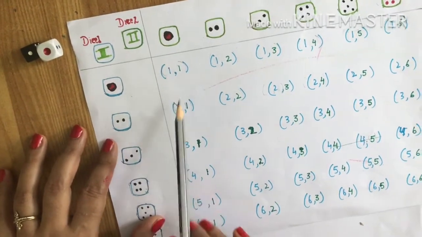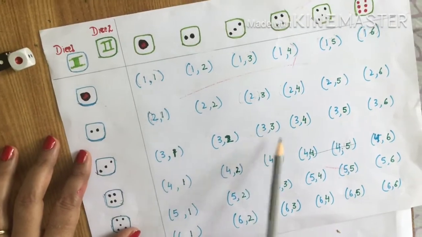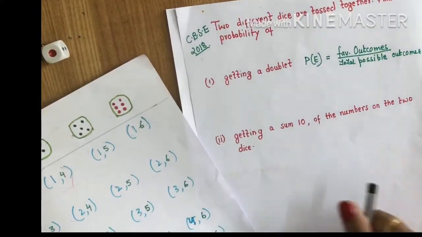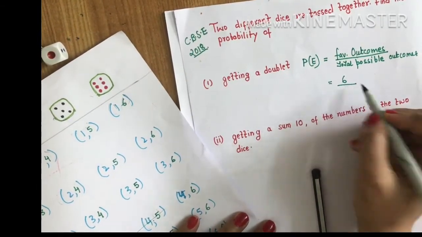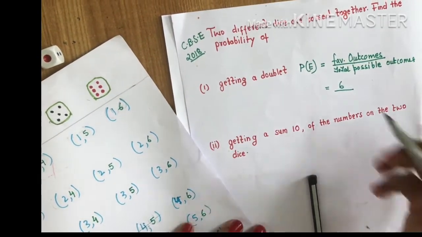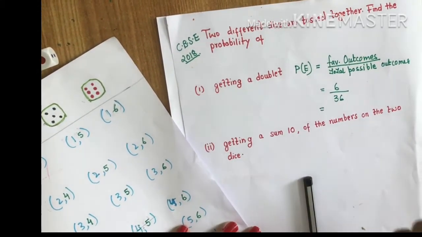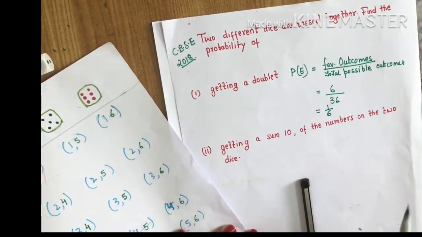How many are there? 1, 2, 3, 4, 5 and 6. So favorable outcomes are 6, and total possible outcomes, as already discussed, are 36. So the probability of getting a doublet will be 1 upon 6.